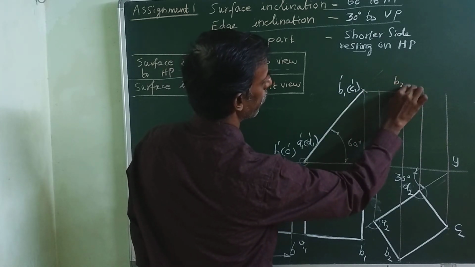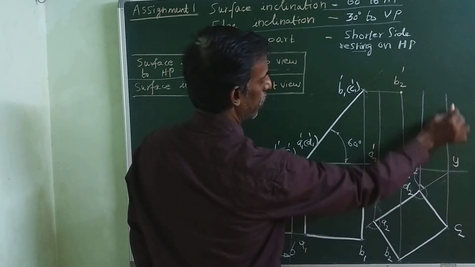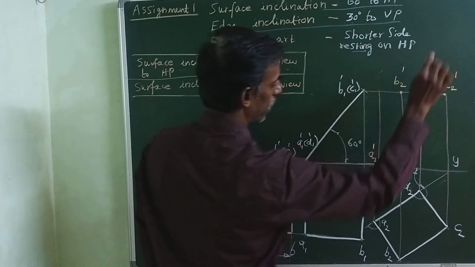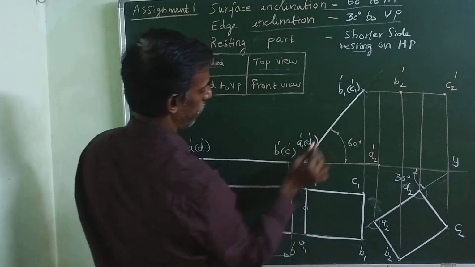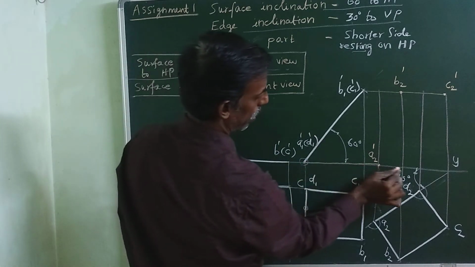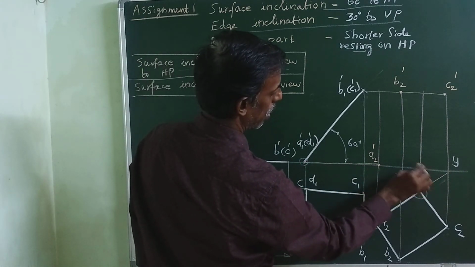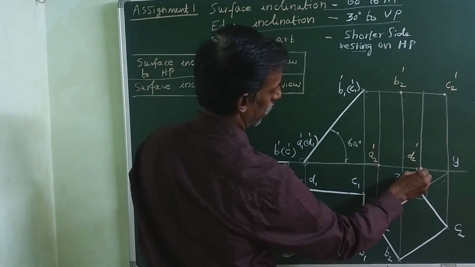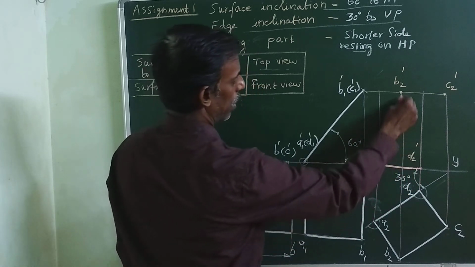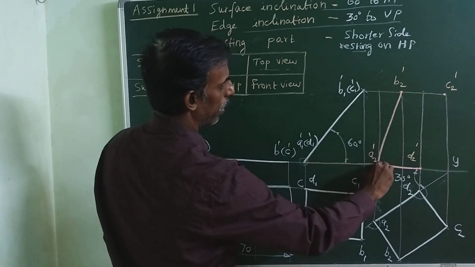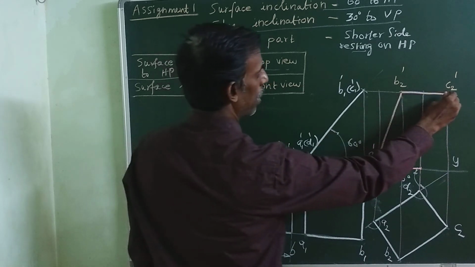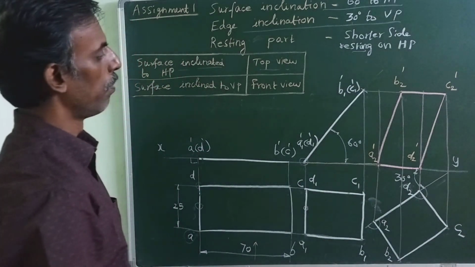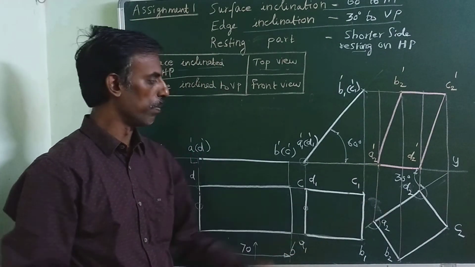This will be B2 dash. Then extend C2, C1 dash. This will be C2 dash. Then extend D2, D1 dash horizontally, forming D2 dash. So now you can join all the points A to B, B to C, C to D and D to A. So this is your final front view and top view.